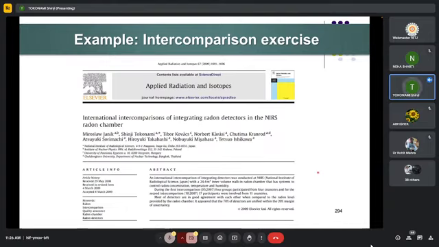Here's an example intercomparison exercise, from Applied Radiation and Isotopes. Our paper was published in 2009: international intercomparison of integrating passive detectors in the NIRS radon chamber.